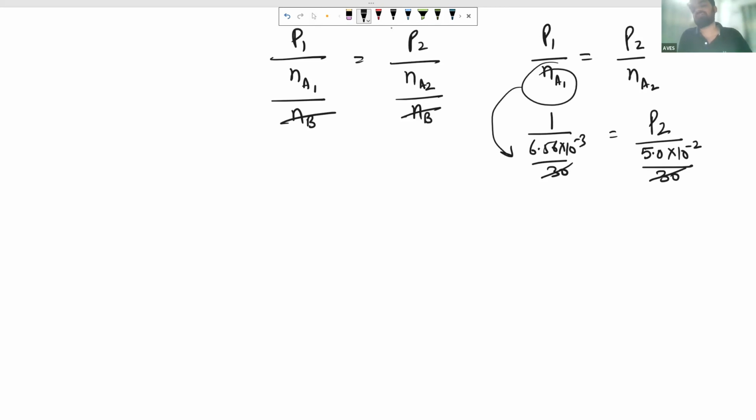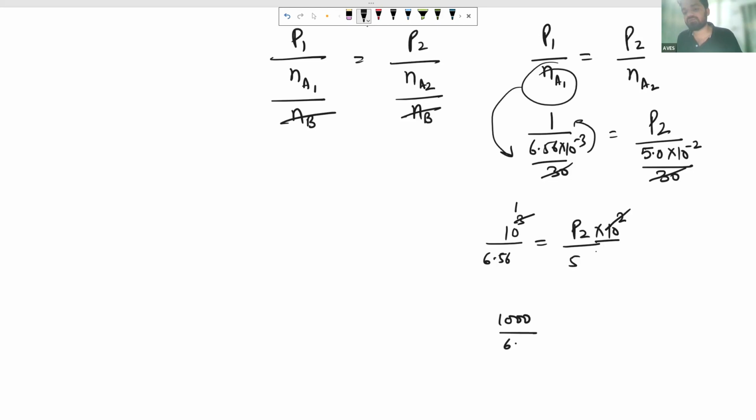Now you can easily calculate: 1 upon 6.56 into 10 to the power minus 3 goes upside and it will become positive 3, equal to P2 upon 5.0 into 10 raised to the power minus 2, which goes upside and becomes 10 to the power positive 2. The powers of 10 will cancel out and you will get only 10 here. This is P2 into 100 upon 5. You cancel this, you will get only 10 here.